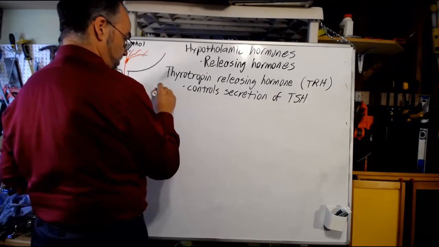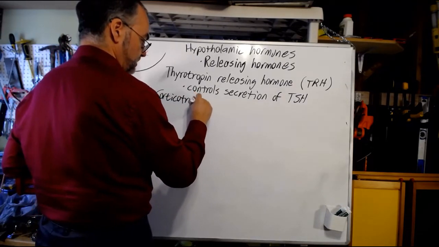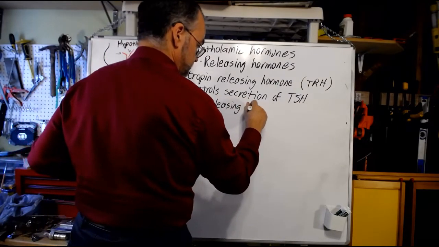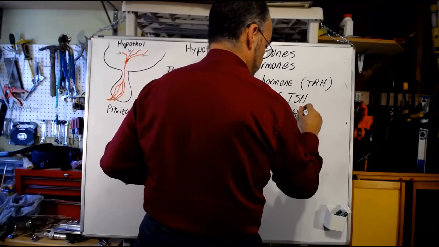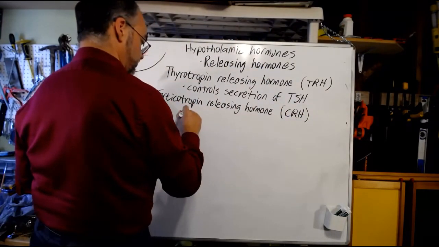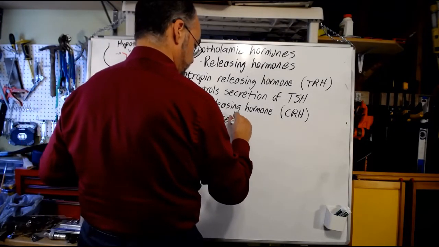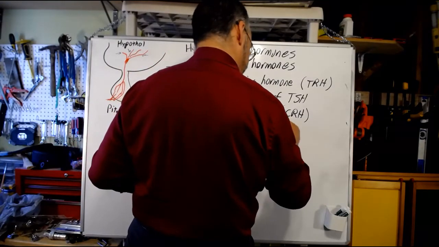There's another one called corticotropin releasing hormone, CRH, which controls the secretion of ACTH.